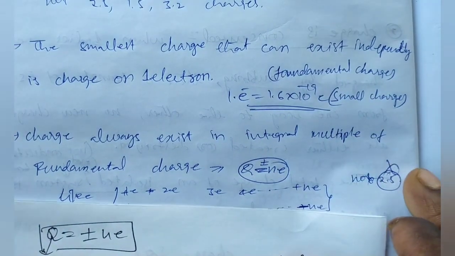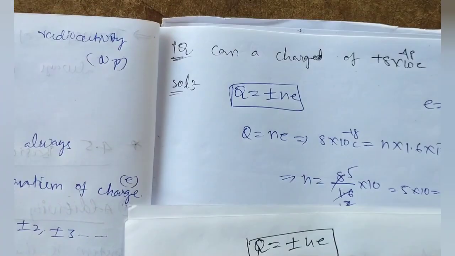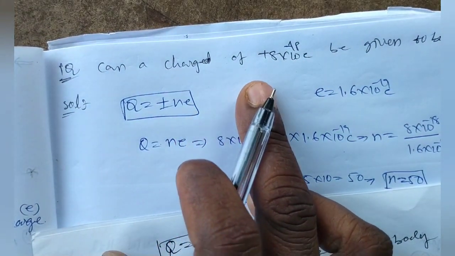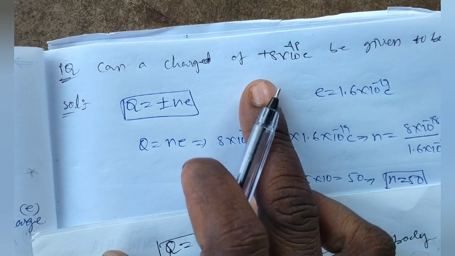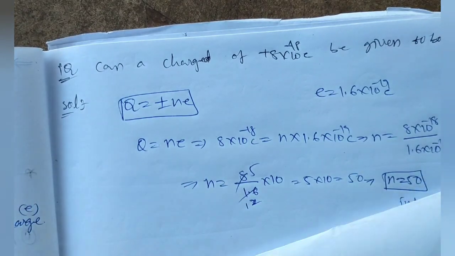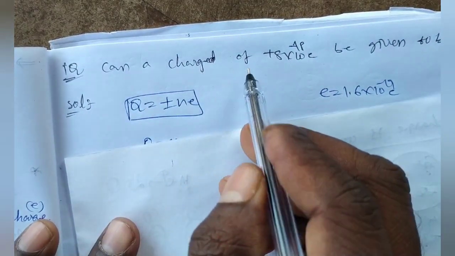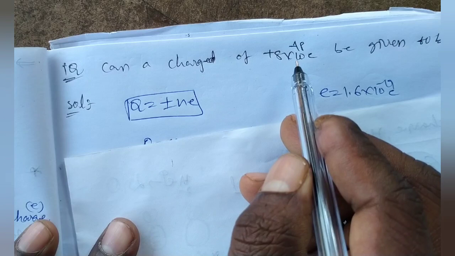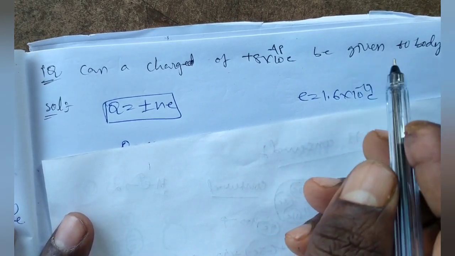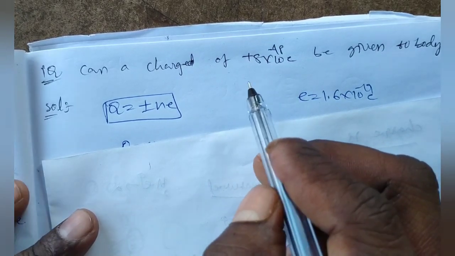Suppose we do one problem. Can a charge of plus 8 into 10 to the power of minus 18 coulombs be given to a body? What is the integral multiple of the charge?